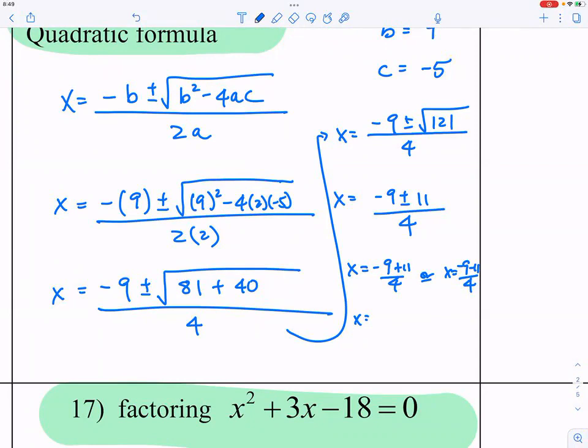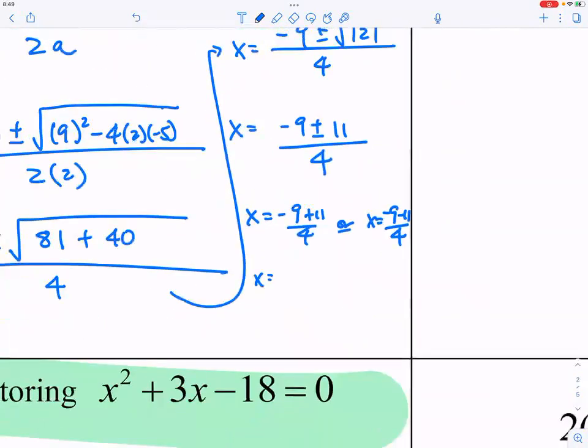Can we just leave it like this? Well, it's an easy number. If it's a square root, you leave it like this. But because you can actually compute the sum or the difference, then you do the difference and the sum. So negative 9 plus 11 is 2 over 4, which is 1/2. And over here on the right, you have negative 20 over 4, which is negative 5.